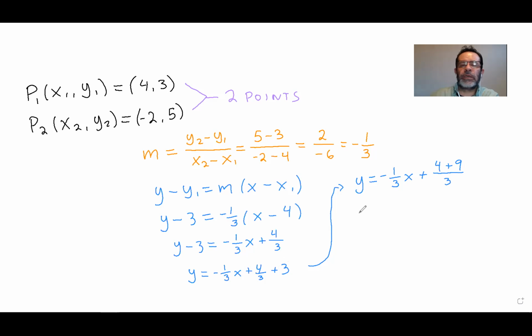And so that's going to give us the complete equation, which is going to be y equals minus 1 divided by 3 times x plus 13/3. And this would be the equation of the line.